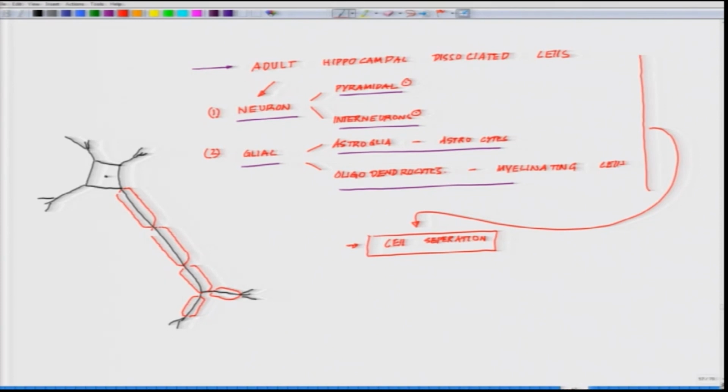This sleeve-like structure is what will be written as myelination, or myelin sheath. And in between, out here, you will see written nodes of Ranvier. This is a classic neuron which is in the peripheral nervous system.